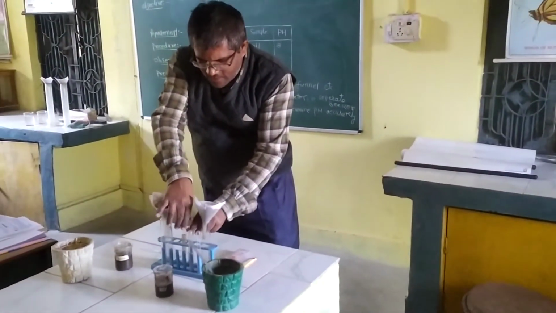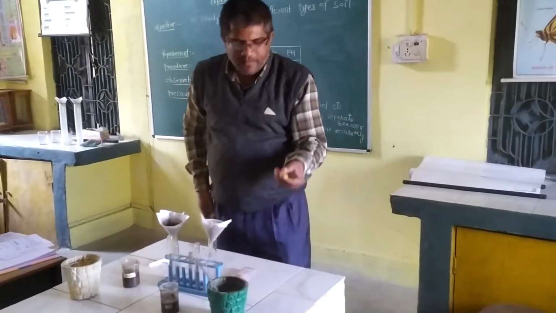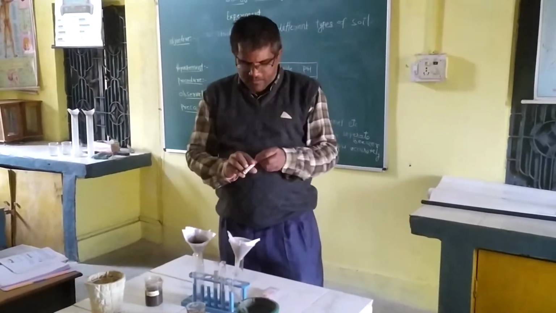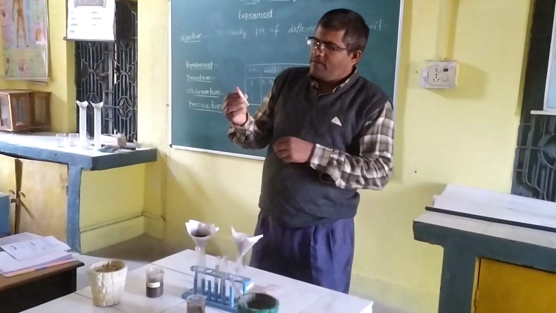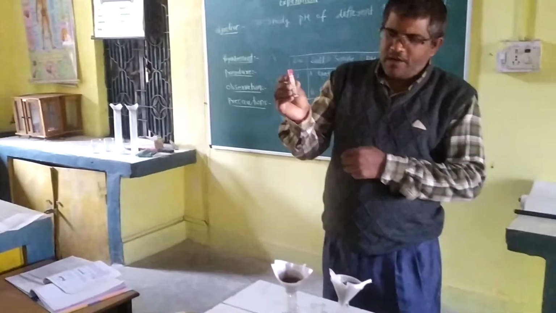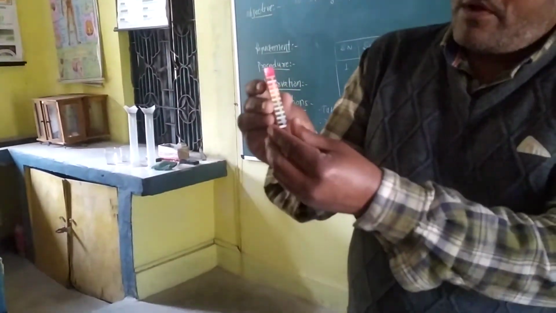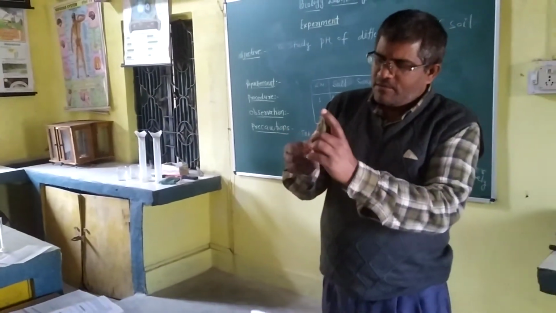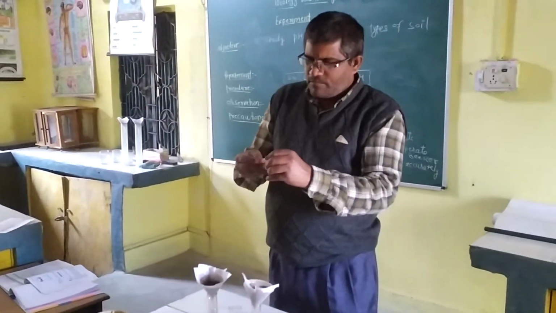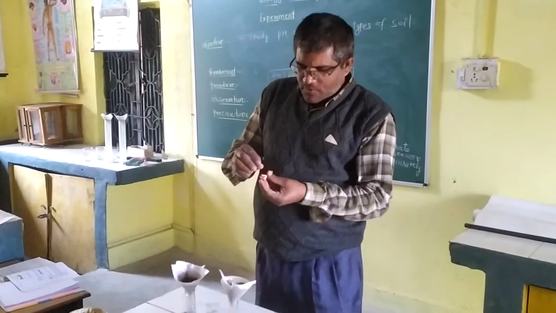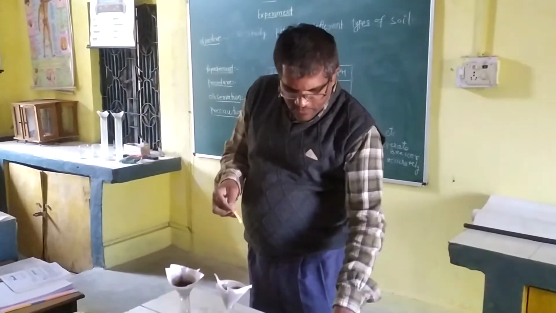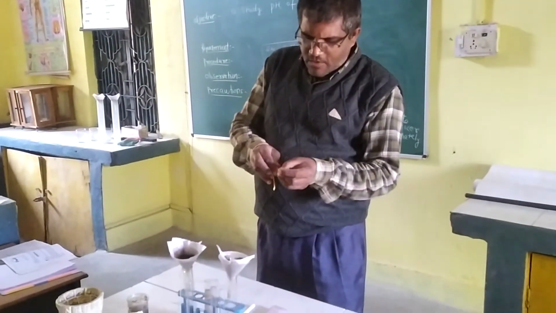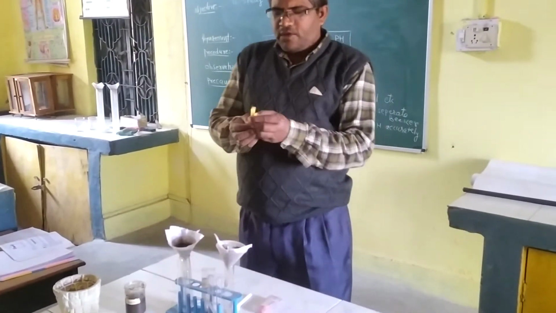Now we have to take the pH paper. This is a pH paper, and on this pH paper 1 to 10 pH is mentioned. We have to take one strip of pH paper, this one, and another strip of pH paper.